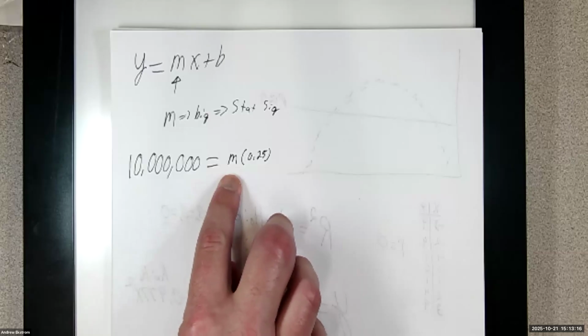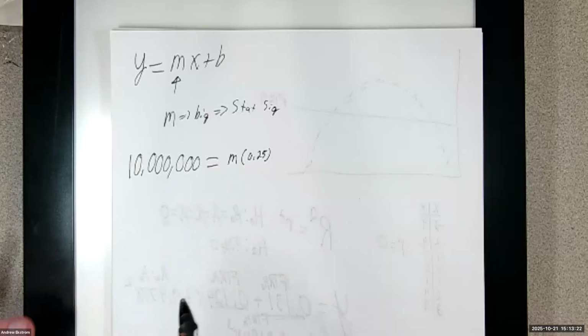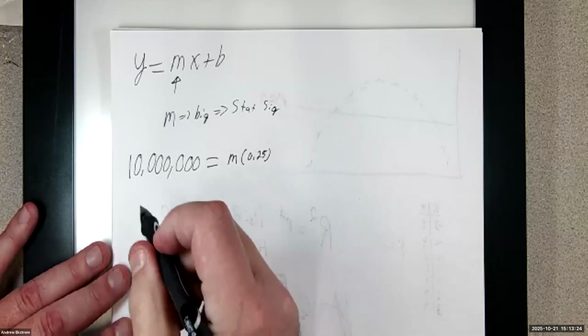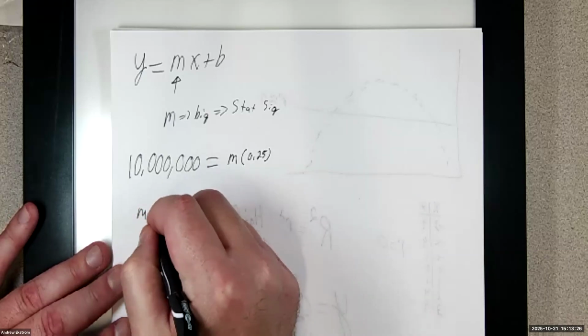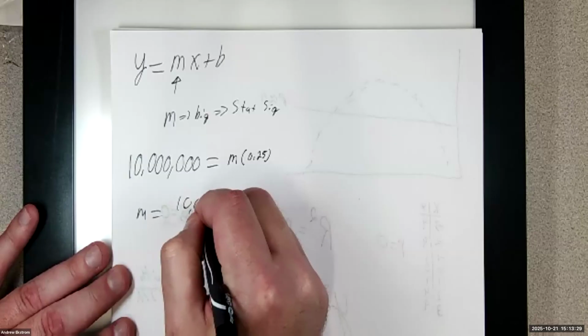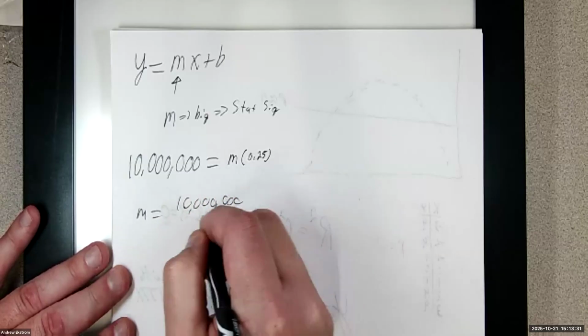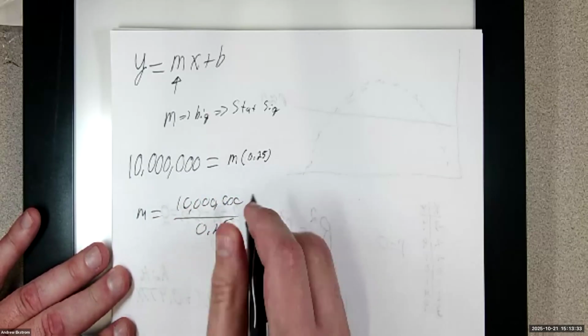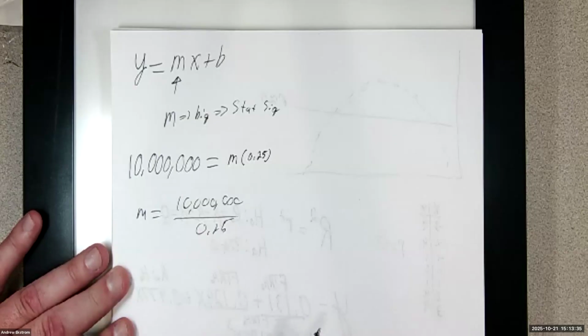What's the value of m going to be here if we look at it this way? In this case, m is going to be 10 million divided by 0.25. So it's actually going to be fairly huge.